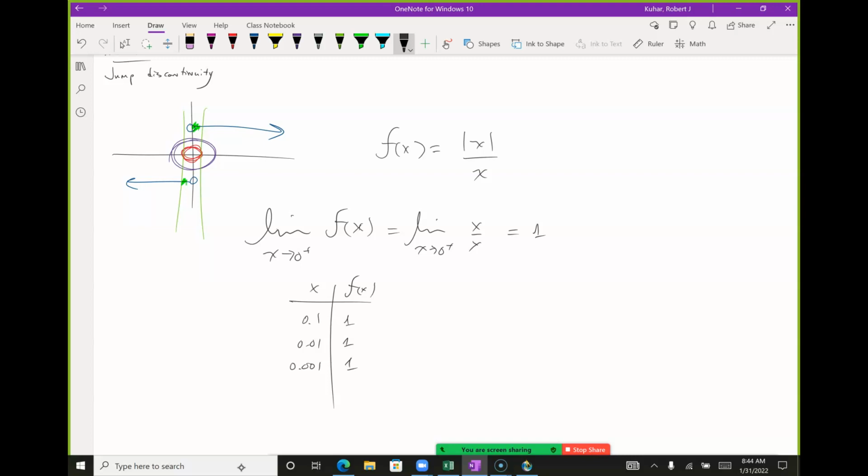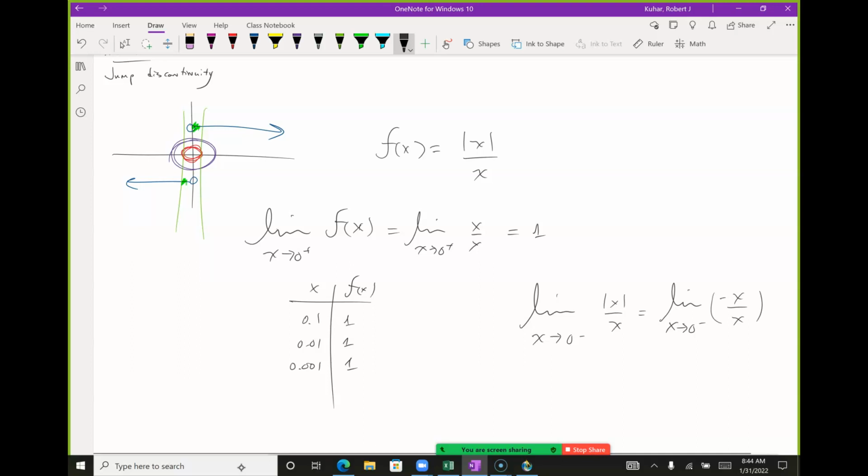And from the left, when I do the limit from the left, I'm going to get a negative 1. When I'm going from the left, my absolute value of x becomes the opposite of x.